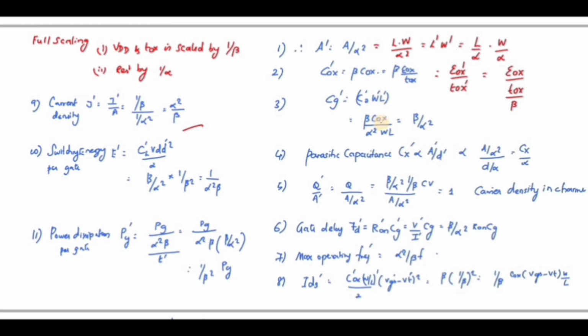W bar L bar I can write as WL by alpha square, and Cox bar I can write as beta into Cox. So I can write it as beta by alpha square Cg.